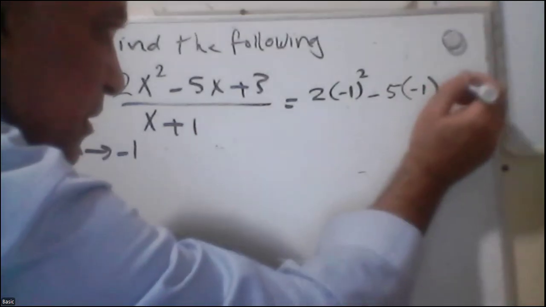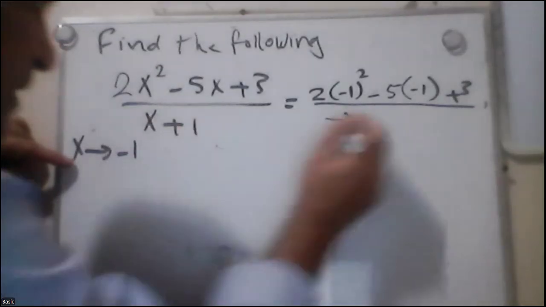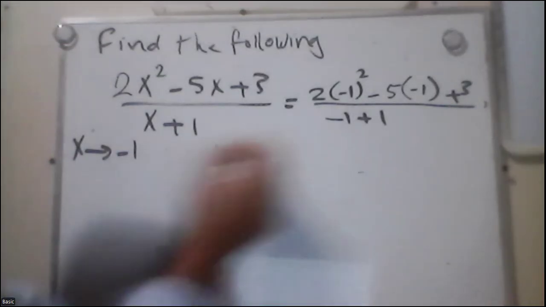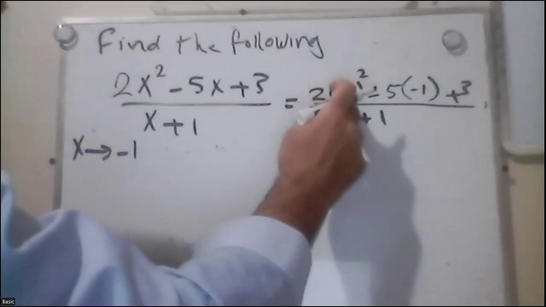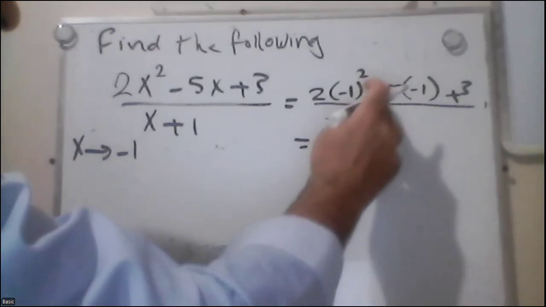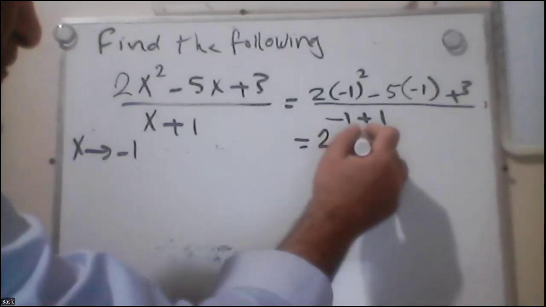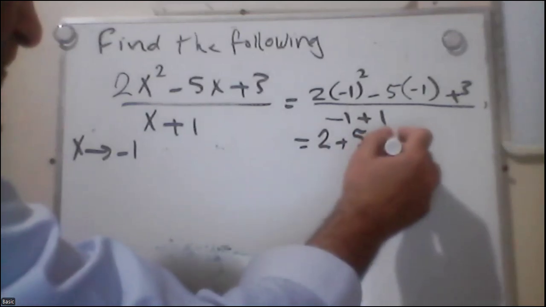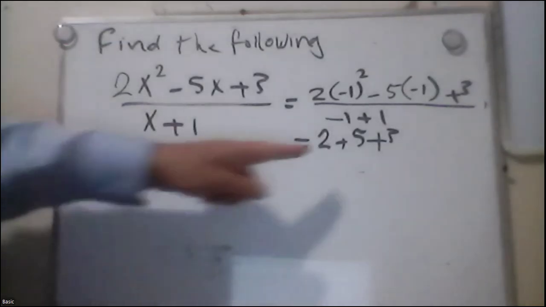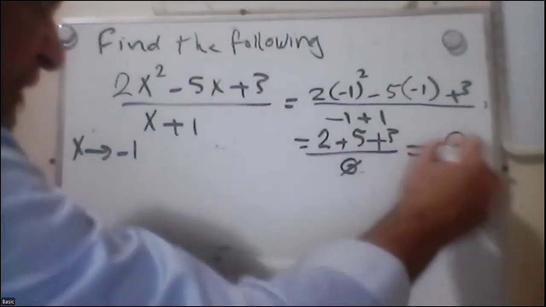So the upper part is 2 times 1, which is 2, plus 5, plus 3, which is 10, divided by 0, which will give indefinite.